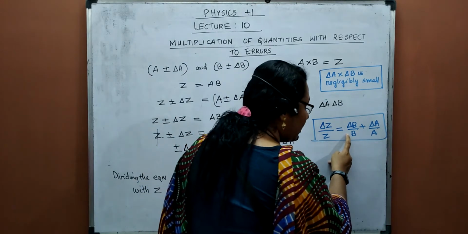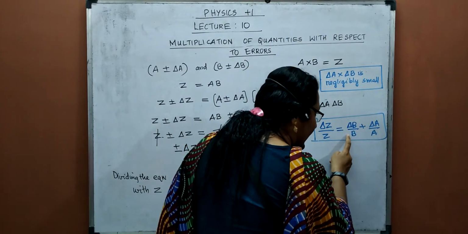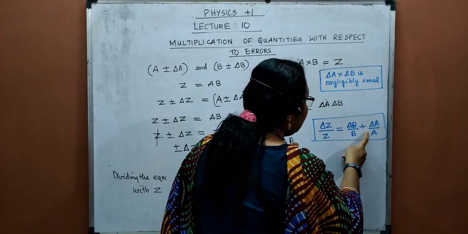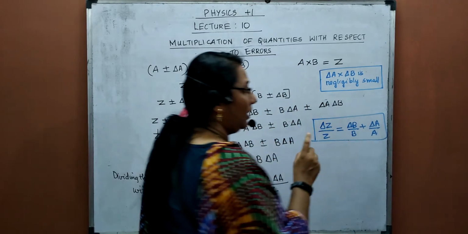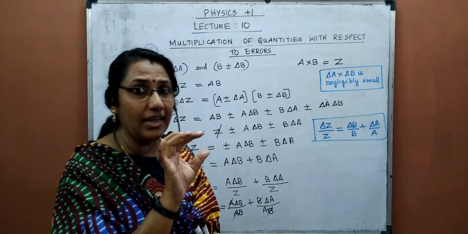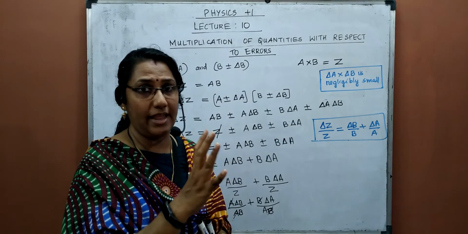This is the relative error of the quantity B. And this is the relative error of the quantity A. What is the relative error? Error by the true value or taken value.